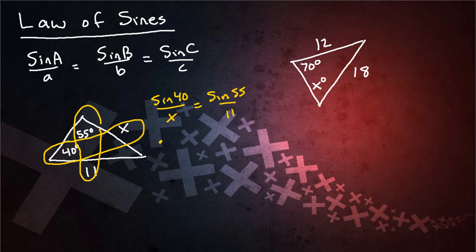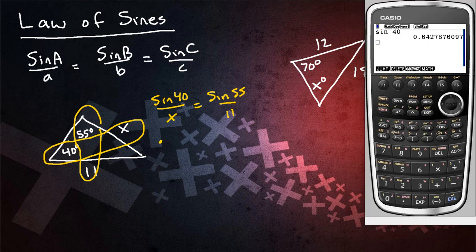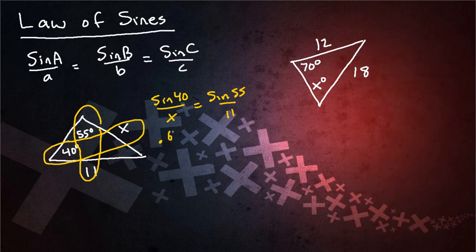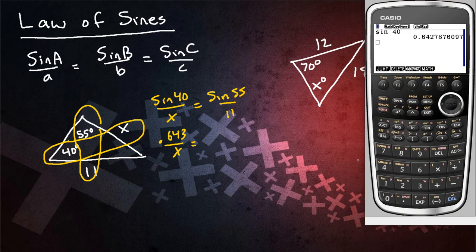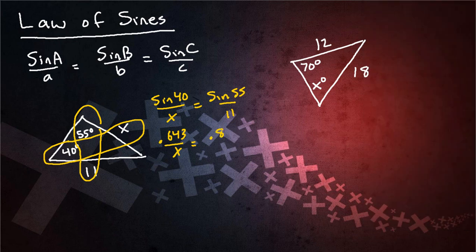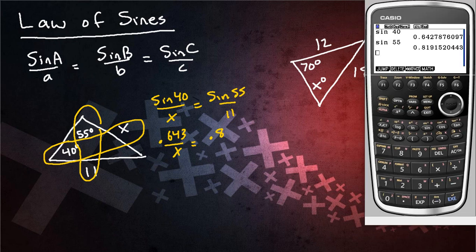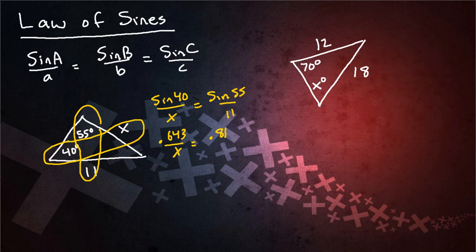So I have 0.643 over x equals, and now I'll do the sine of 55. And I get 0.819. Divided by 11. At this step, we'll go ahead and cross multiply.